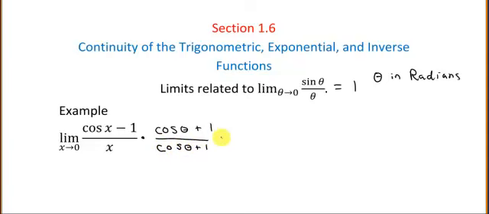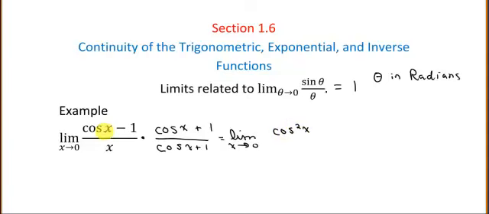If we do that, this becomes the limit as x approaches 0 of, now let's see, when we multiply these together, we'll get cosine times cosine. Oops, this is cosine of x, it should be. Cosine of x times cosine of x, which is cosine squared of x.